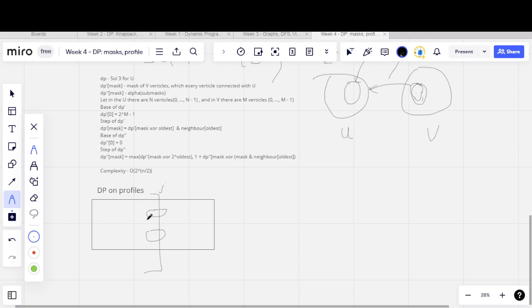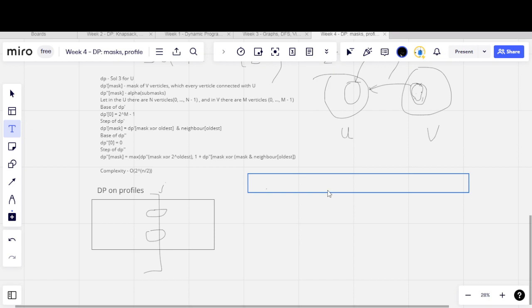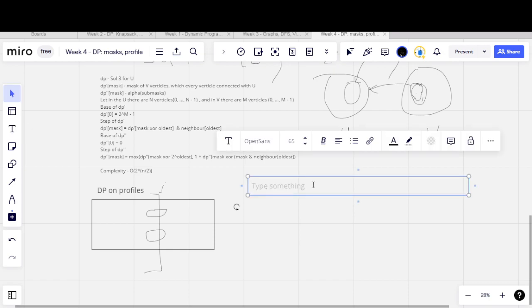So how to do the pair in this case? We want to remember where the dominoes were.